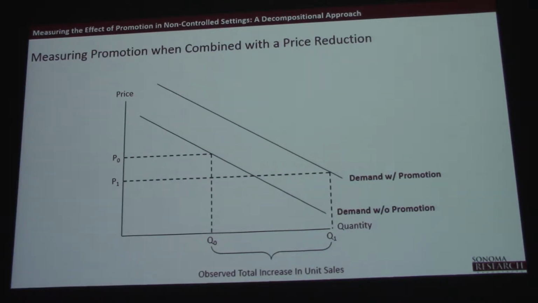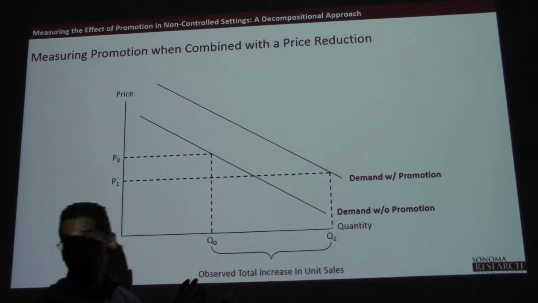And they shouldn't be attributed to promotion, because two things are happening here. One is, yes, it's on promotion, but two is, what? We lowered price. And how do we distinguish between the two? Well, the answer is you don't, or they don't. And this is why you're getting these huge measures of promotional lift.